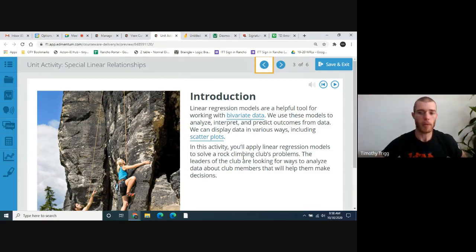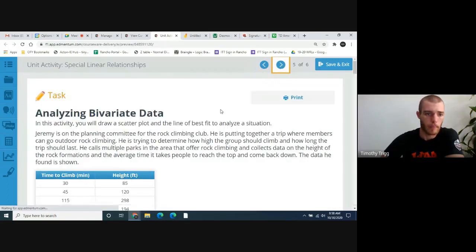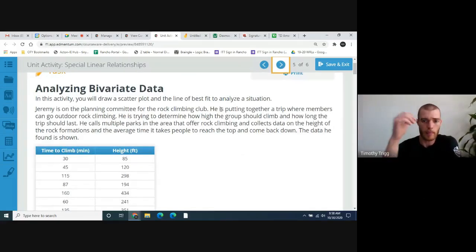In this activity, you'll apply linear regression models to solve a rock climbing club's problems. The leaders of the club are looking for ways to analyze data about club members that will help them make decisions. Jeremy is on the planning committee for the rock climbing club.